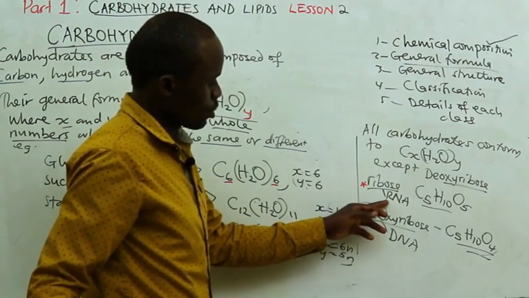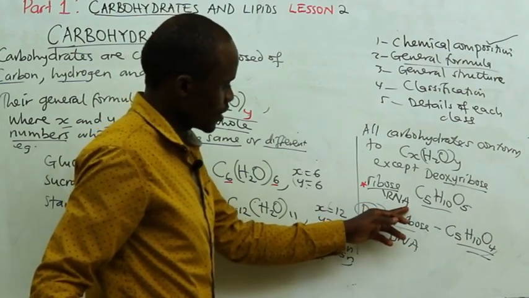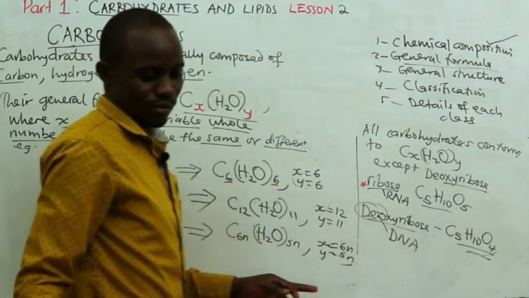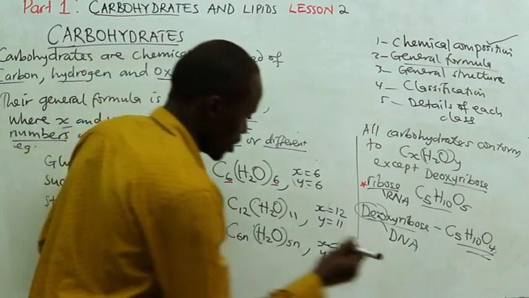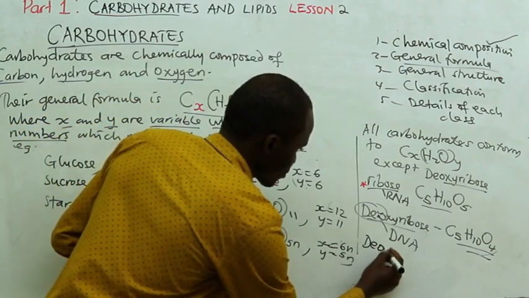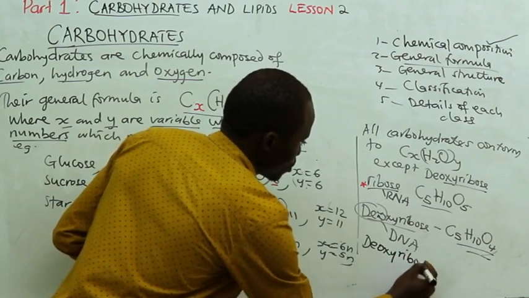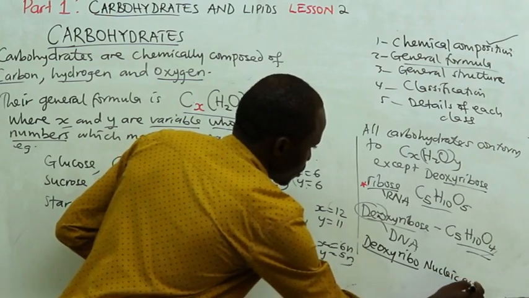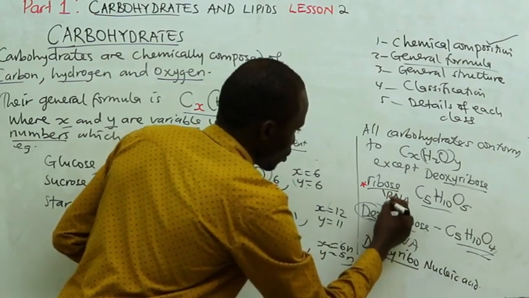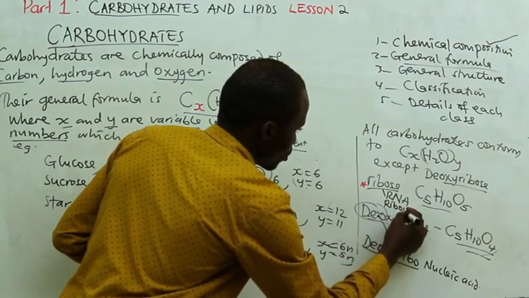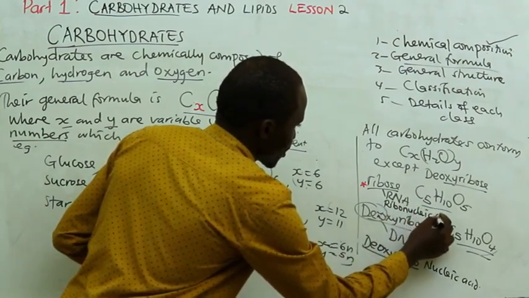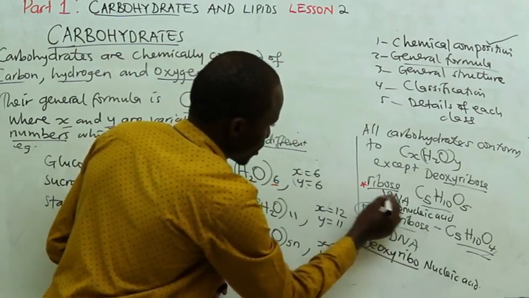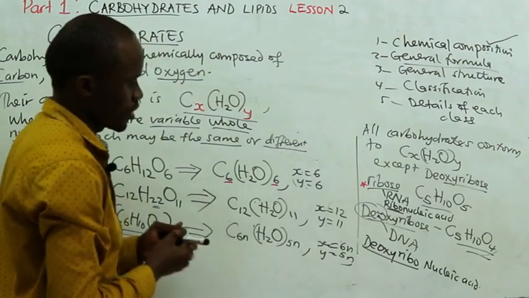Actually, that's why this one is called ribonucleic acid, and this one is called deoxyribonucleic acid. So the word ribo is because of the carbohydrate which it is made up of.